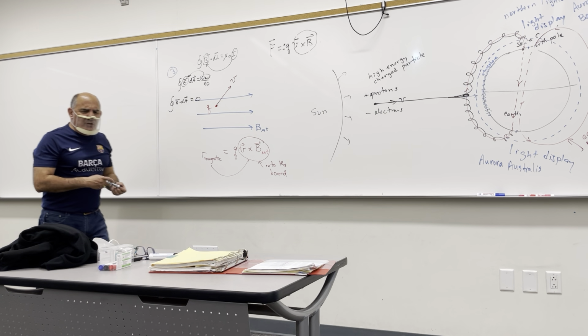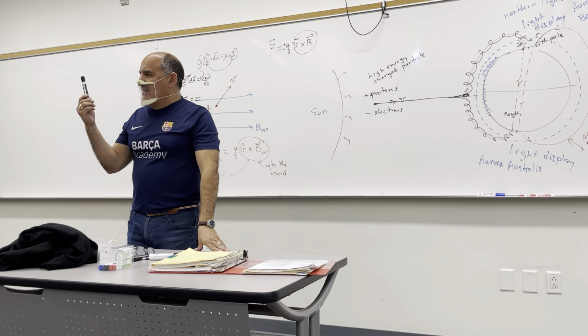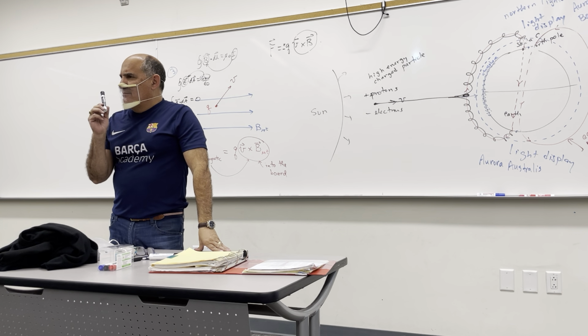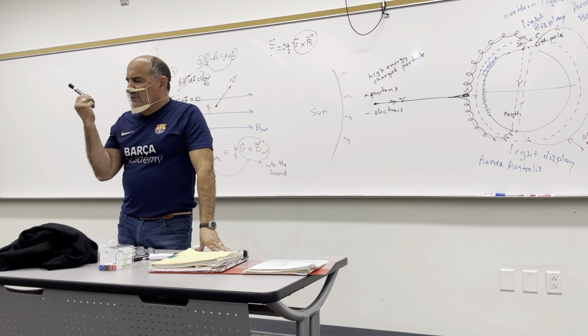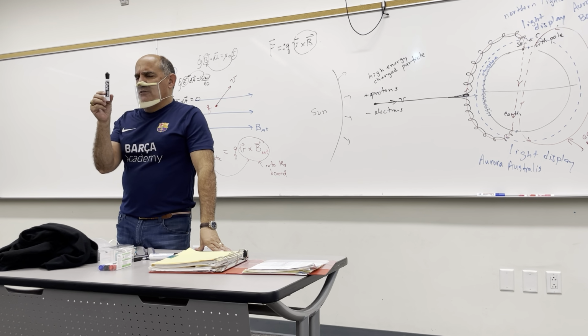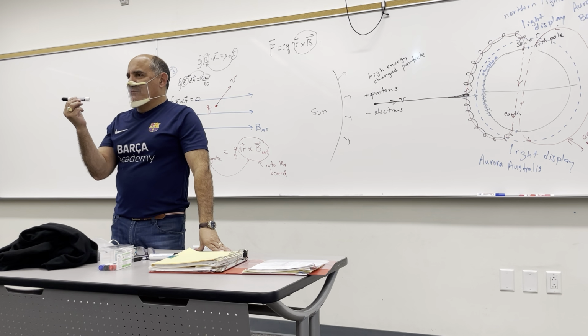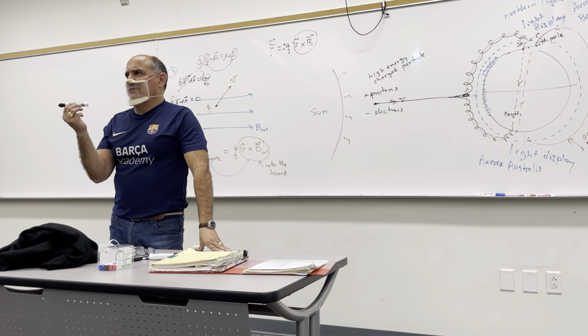So why would this marker not be magnetic while a bar magnet is magnetic? What are the moving charges? Well, what's any object made of? Atoms. And what do the atoms have? They have a nucleus. What's in the nucleus?